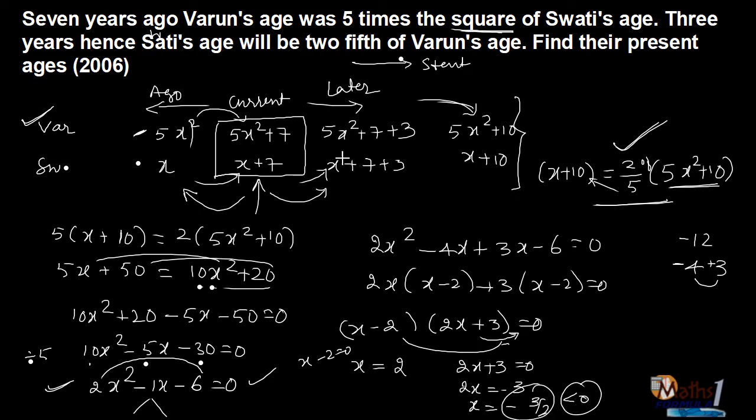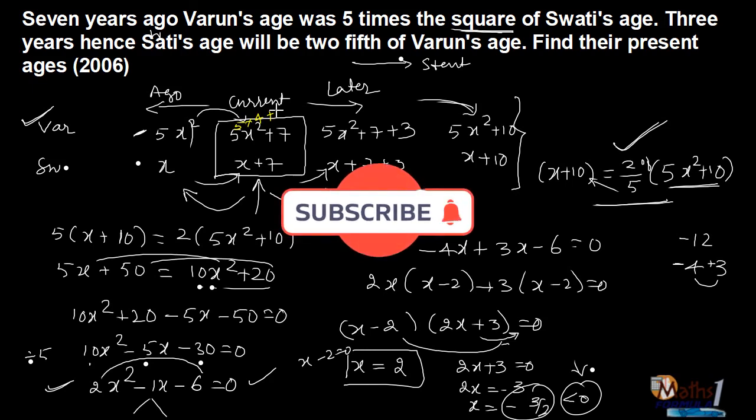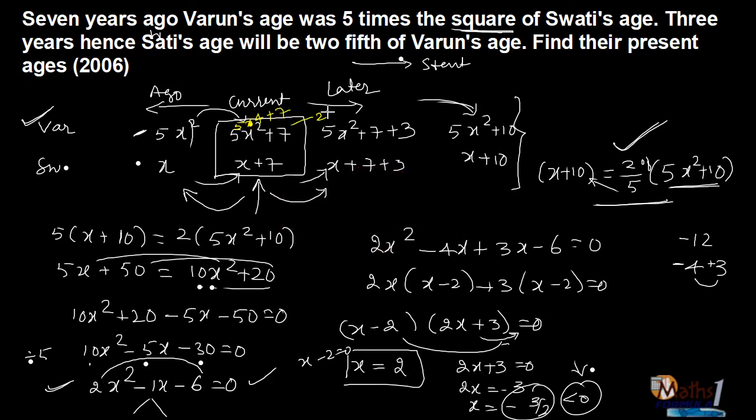Again I can't count less than 0, so only this value I need to take. If I take this 2 and put it here, 5 into 2 square is 20 plus 7, 27. This is 2 plus 7 is 9. Varun's age is 27, Swati's age is 9. These are the two ages in years.